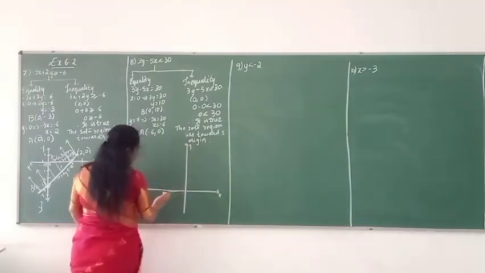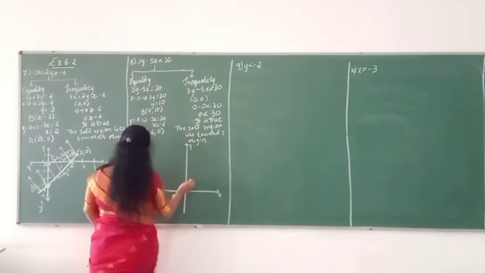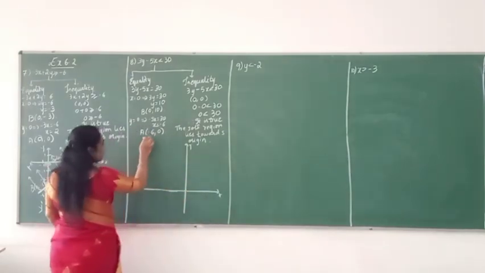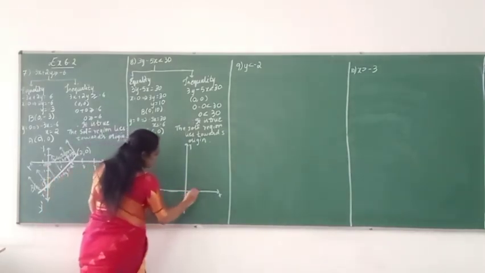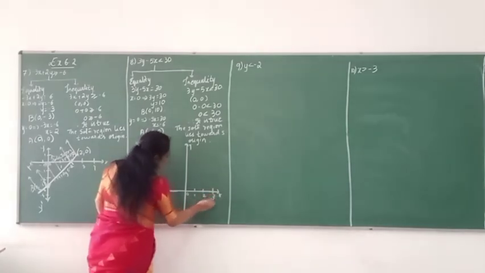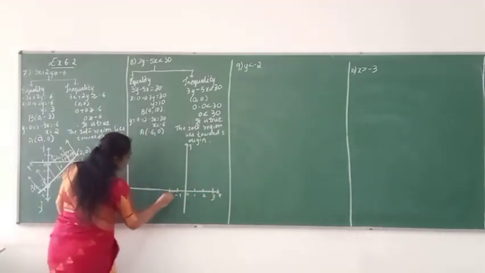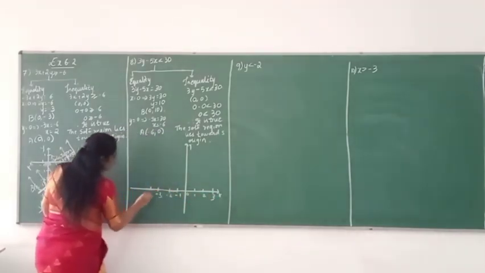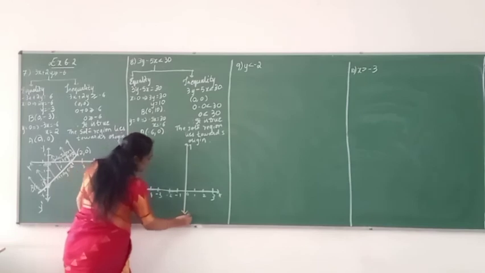Why I have just drawn the line towards the left-hand side is because we have minus 6. So 0, 1, 2 and 3, minus 1, minus 2, minus 3, minus 4, minus 5 and minus 6. This will be your y dash.